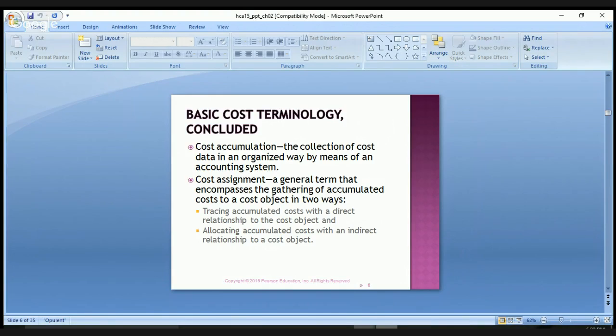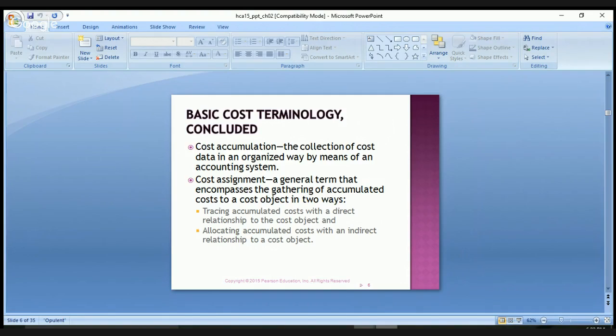Okay? So the indirect, the overall, where I can't tie it directly to a particular vehicle. So tracing, I would be able to tie it directly to a vehicle. This tire went on this truck, and then allocating would be the big picture. It's the big thing like insurance and maintenance.